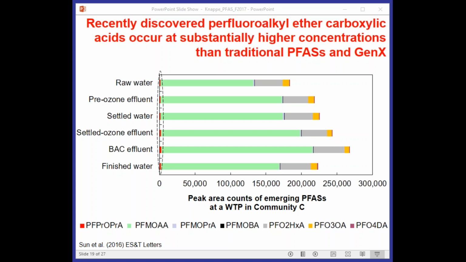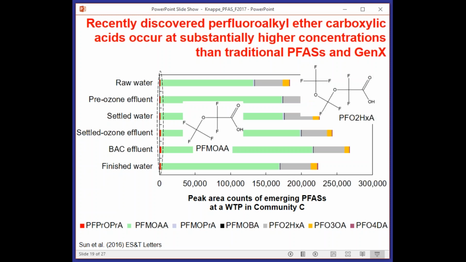And instead we see large responses on our mass spec for other fluorochemicals. If you hit the down arrow once, we see the structure for the compound highlighted in green. So this is a 3-carbon carboxylic acid. And if you hit the arrow again, you see for the gray bar, this diether hexanoic acid.